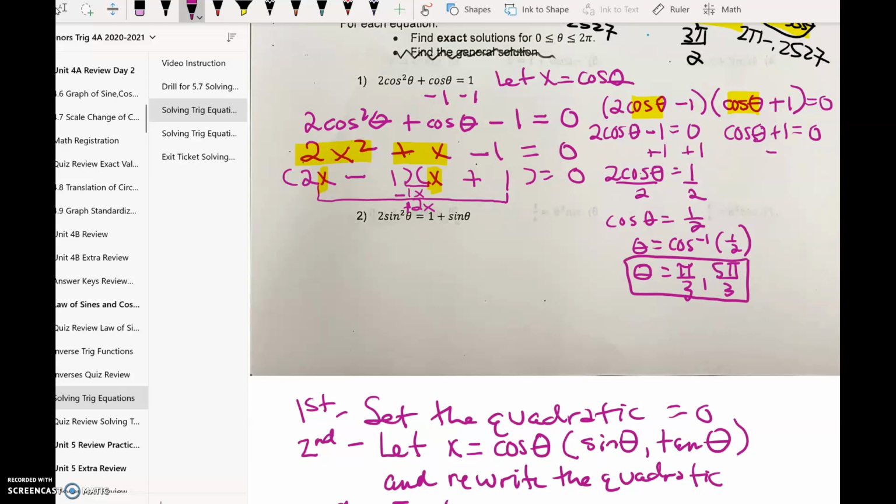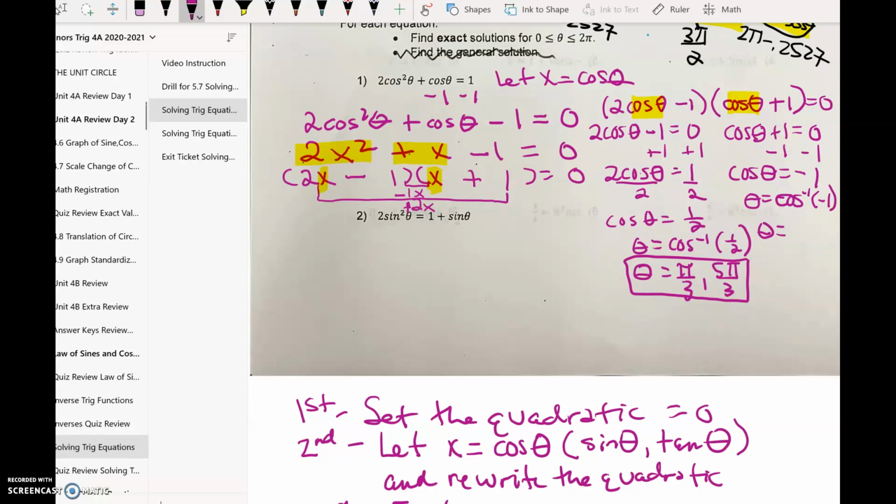Then for this one, I'm going to subtract 1 from each side. Cosine of theta equals -1. So theta is the inverse cosine of -1. So I'm going to go to my unit circle and look for where is cosine, which is the x-coordinate, -1.